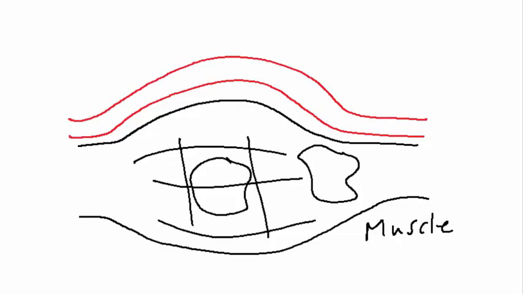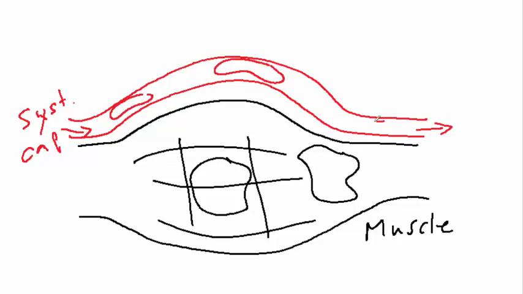Right here, let's say this is a systemic capillary, and blood is coming in here and going out here. And again, we have our red blood cells in here.